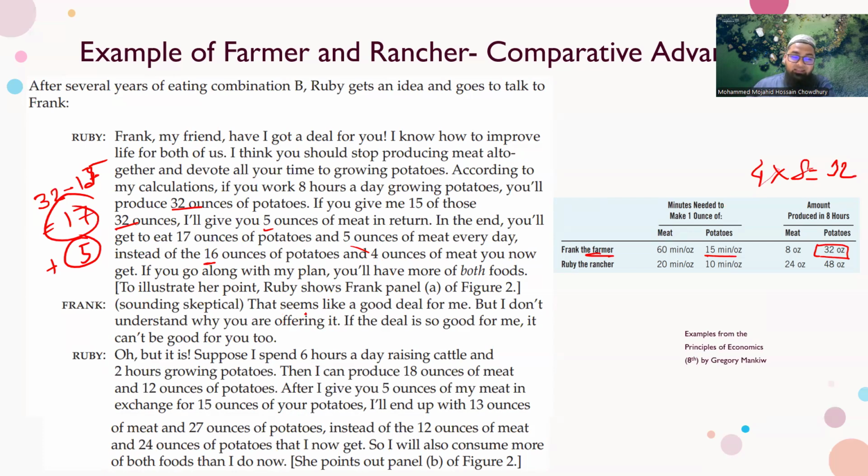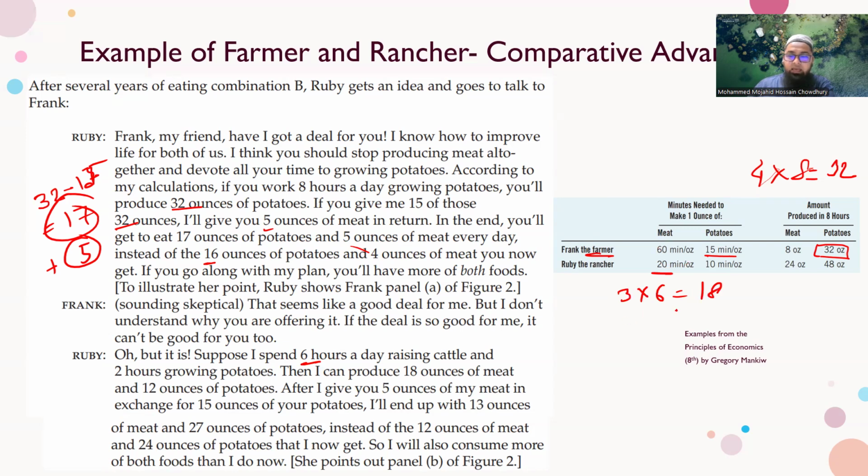Oh, but it is not. Suppose Ruby spends 6 hours a day producing meat, raising cattle. By 1 hour she'll be coming up with 3 ounces, and in 6 hours she'll be coming up with 18 ounces.